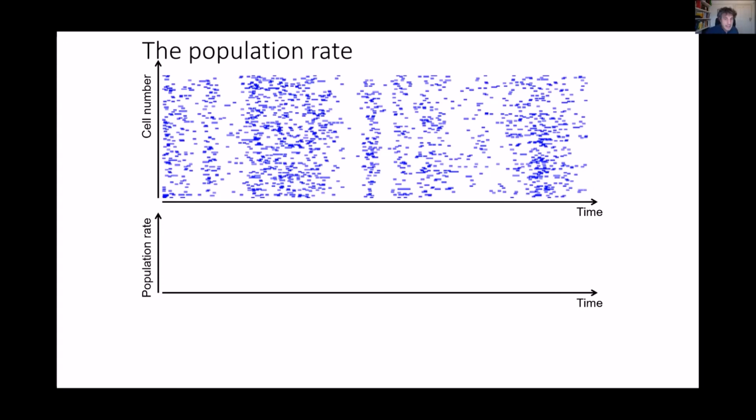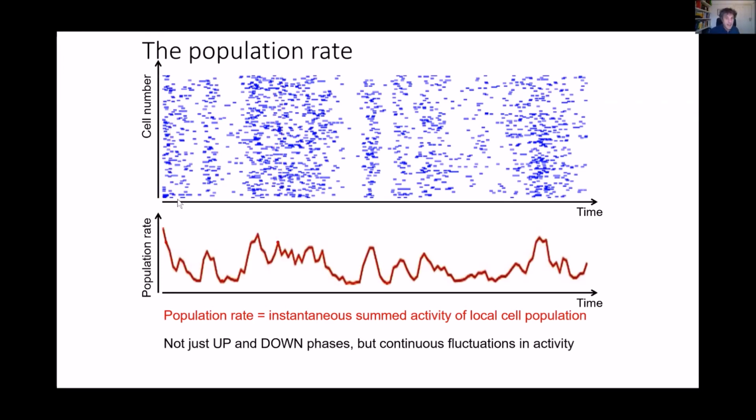And the population rate is the simplest analysis you can do on a population other than treating the cells as independent. And all you do is, for every moment in time, you sum up the firing rates of all your cells, and at every moment in time, that gives you a sum. And then you do that for every point in time, and you get this number, which is the total number of spikes fired by any cell in the population in a given unit time.